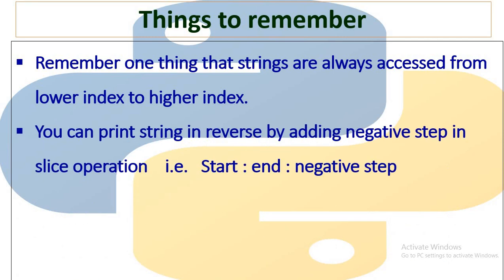You can print string in reverse by adding negative step in slice operation. So whenever you are trying to print string in reverse order, you need to add that step in minus. So -1 means all characters, -2 means excluding one character but in a reverse order. That's it. Thank you.